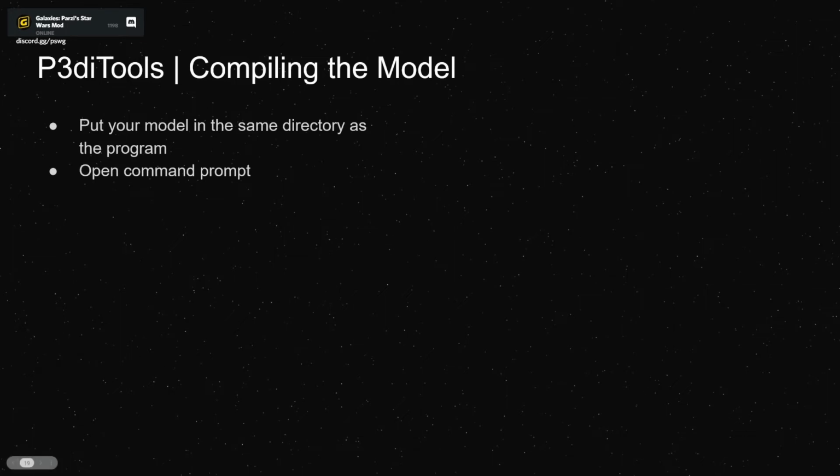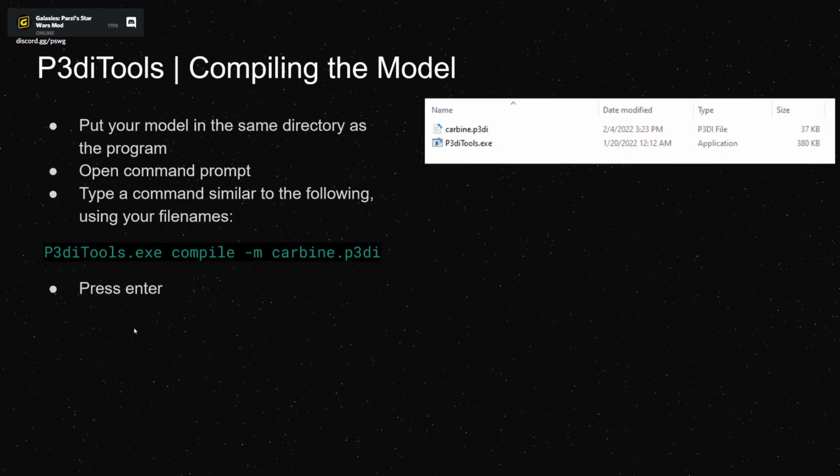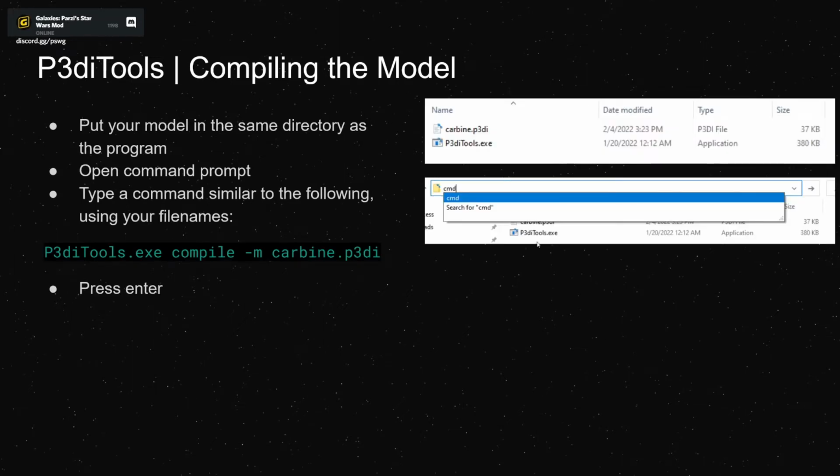where your executable is, and then open the command prompt. And you can open the command prompt easily in a folder by typing it into the address bar as seen in the second picture on the right. The correct setup for compiling the file that we just exported from Blender is shown on top.